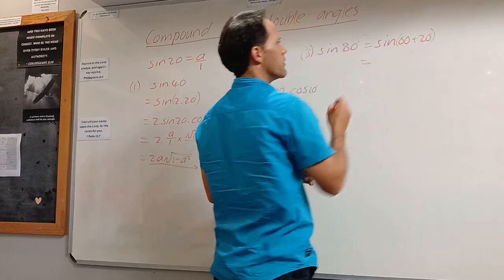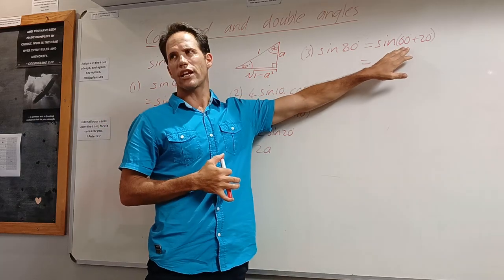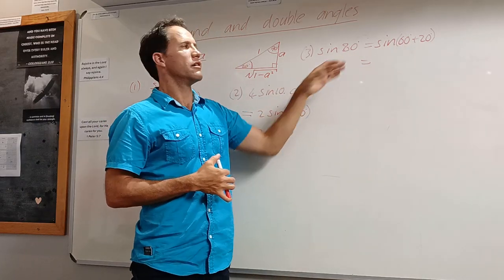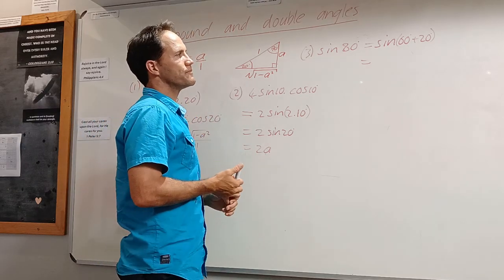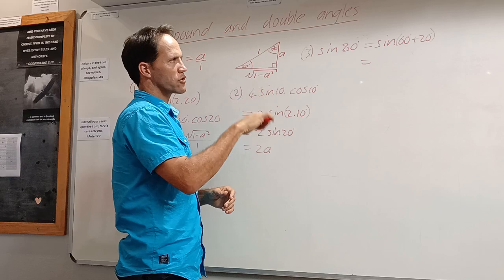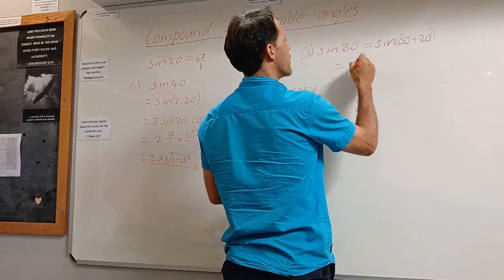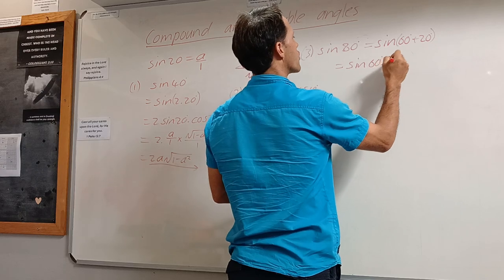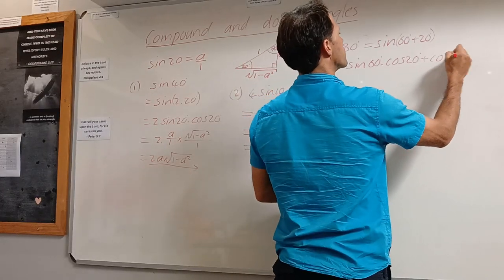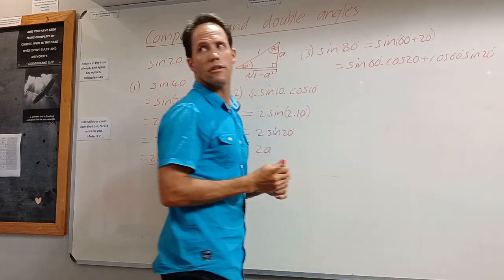Why? Because 60 is a special angle. I can get 60 without a calculator. And 60 plus 20 is still 80. But now I've got compound angles. So now I can change this one to sine 60 cos 20 plus cos 60 sine 20.